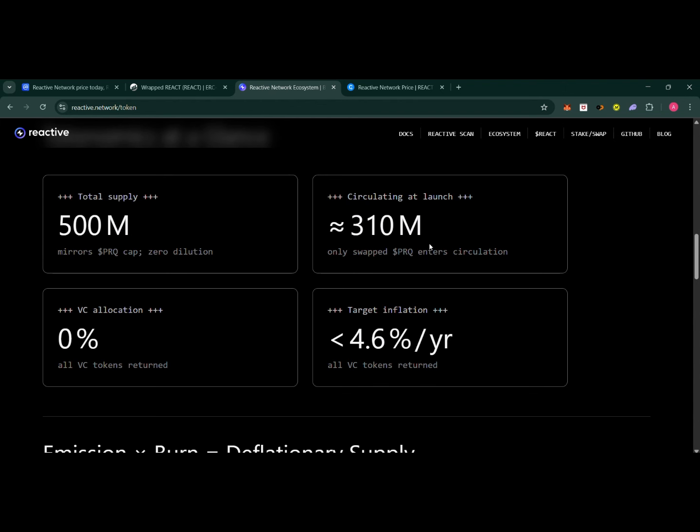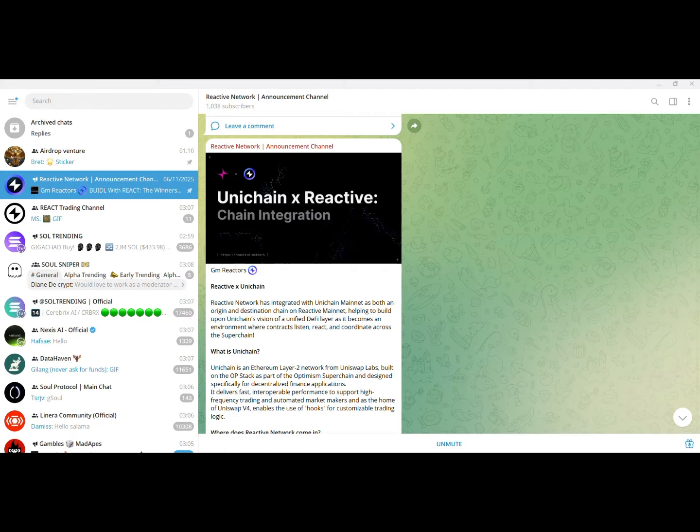There was a token called PRQ that was migrated. The holders had the opportunity to migrate their PRQ tokens into Reactive Network tokens. This happened a while back. I think July 31st is when the migration concluded. So there is no migration at this point in time, but it's good to know that there was a migration. The earlier token was called PRQ.